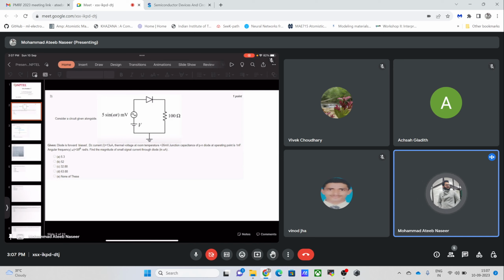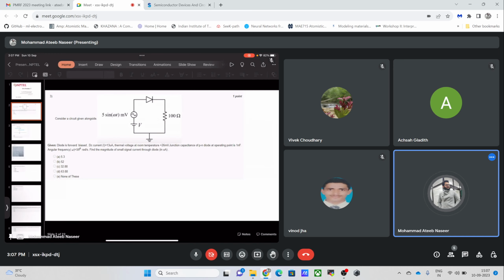But over here we just deal with the homo junction. We say that P and N are of the same material, as a result of which the doping is the main factor.